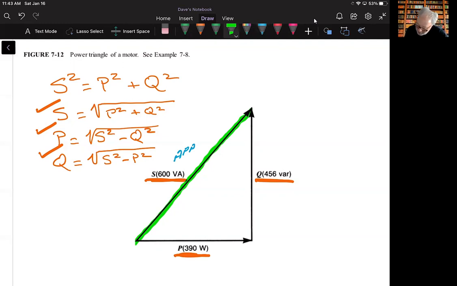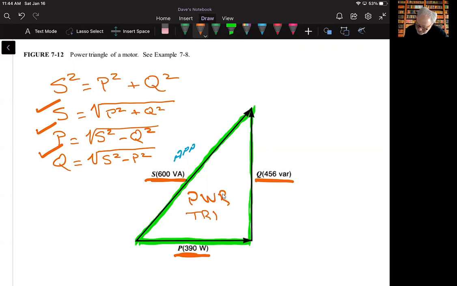Then we have the active power, and the reactive power, given as the vertical representation. Altogether, we call this our power triangle. It's a very useful graphical method to solve these power problems.